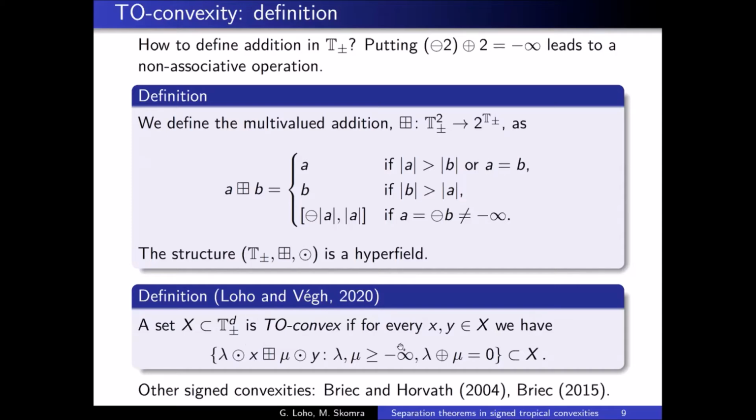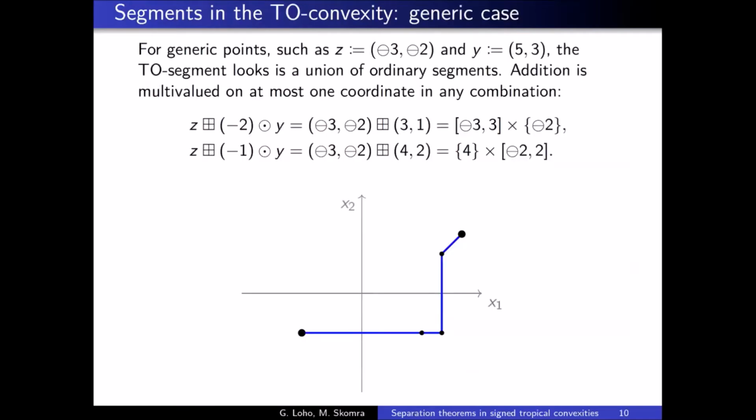Okay, so in order to get some intuition about this definition of convexity, let us look at the segments that appear in this convexity. So the first case is that suppose that I take 2 points on a plane and suppose that I take them at random. So they are a little bit generic with respect to each other. And now we can compute what is the segment between those 2 points using our definition, right?